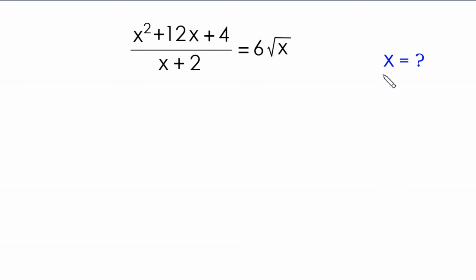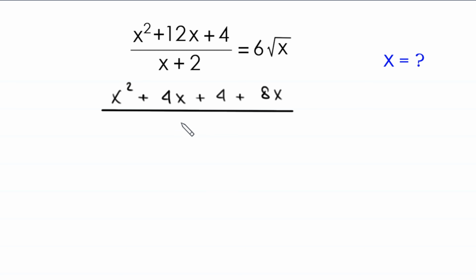So let's start. The expression in the numerator can be written as x squared plus 4x plus 4 plus 8x, divided by x plus 2, equal to 6 times root x.